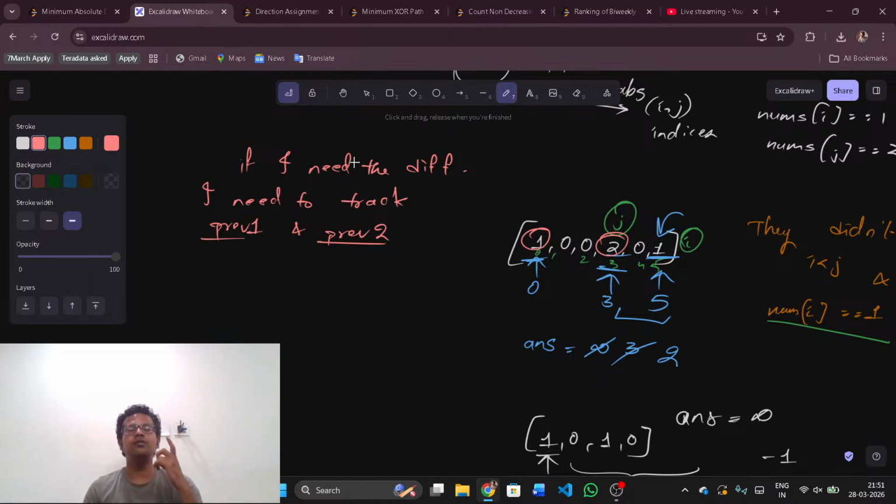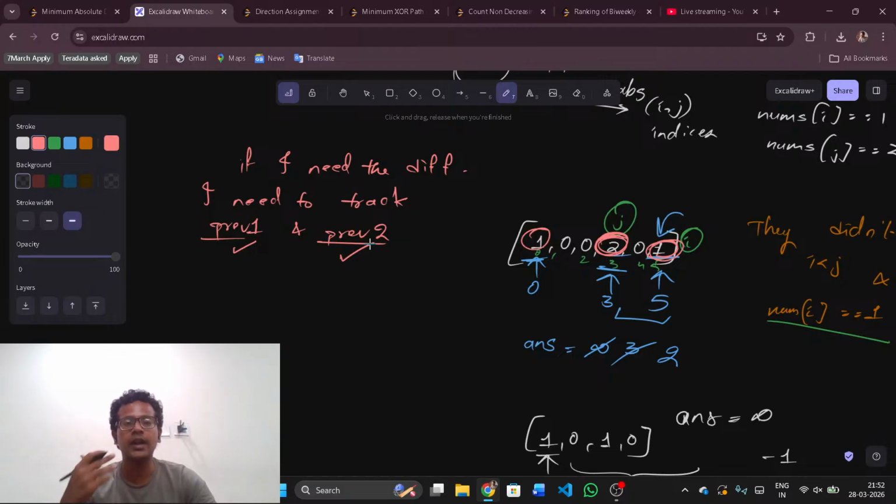Did you hear that? Previous one and also previous two. Why? Here I previously got a 2, now I got a 1. So I'll always store in which index I got the previous one and in which index I got the previous two.